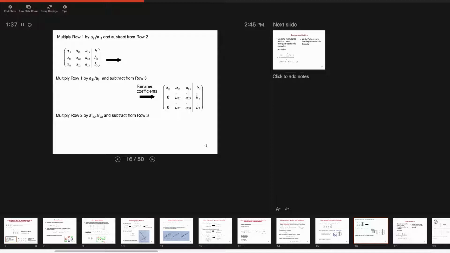Okay? So solve that problem. I want some coefficient, I'm going to call it C, C times A11 and subtract it from row 1. So row 1, A12 minus C times A11 has to be 0.